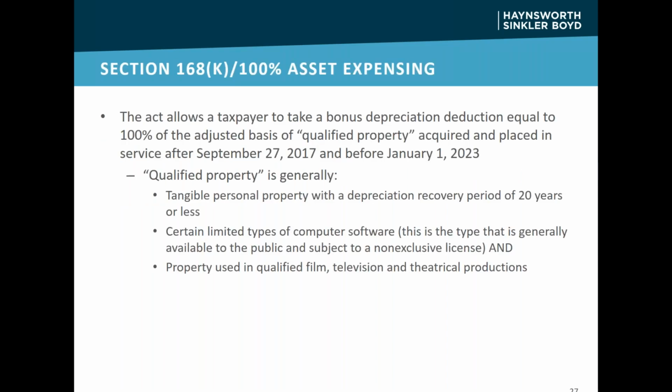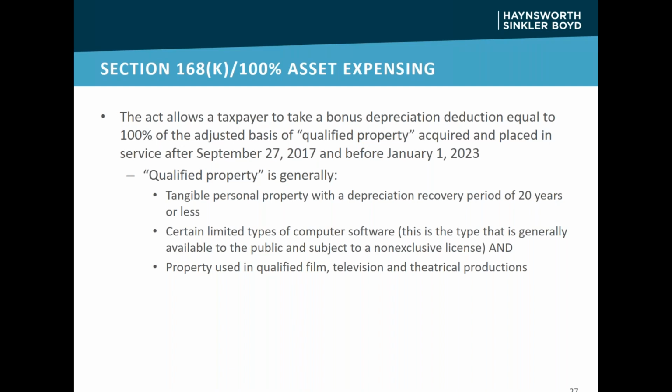All right, asset expensing. The Tax Cuts and Jobs Act now allows taxpayers to take bonus depreciation deductions equal to 100% of the adjusted basis of qualified property that is acquired and placed in service between September 27th, 2017 and January 1st, 2023.